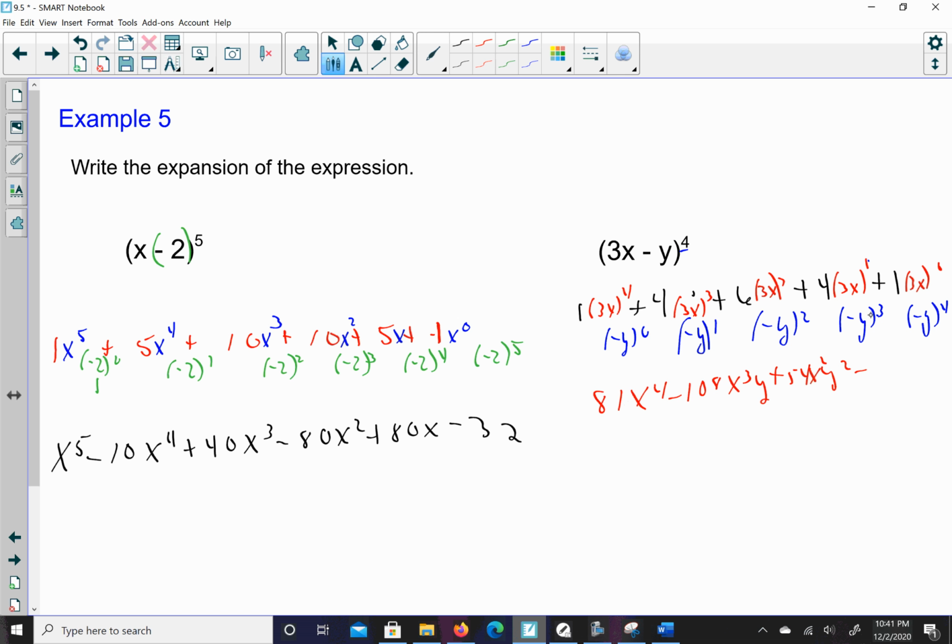So it's going to keep on with that pattern. This will end up being 12x y to the third. That's a 12. And then finally, the last term is the 3x to the 0 is just going to be 1. So this will be plus y to the fourth. And that's the expansion of that one.